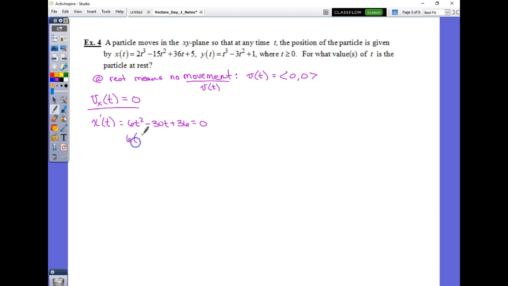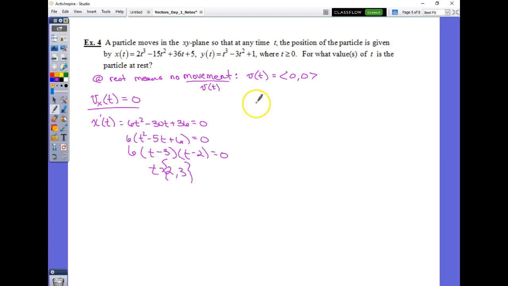Factor out a 6, leaving me t squared minus 5t plus 6 equals 0. And we get t minus 3 times t minus 2 is 0. We find out that this is a true statement for t equals 2 and 3.